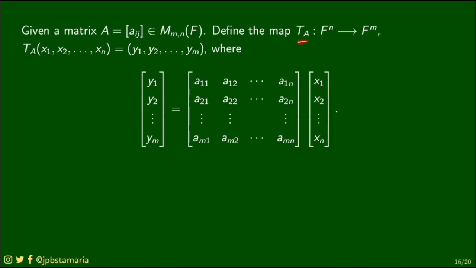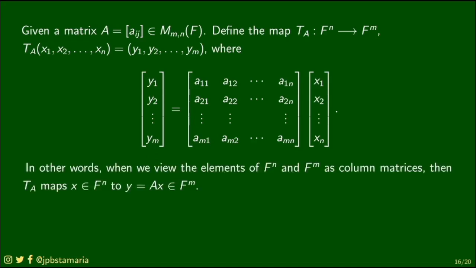We will define TA as follows. It sends the n-tuple x1 up to xn to the m-tuple y1 up to ym in the following manner. So here is your n-tuple. It gets multiplied on the left by an m by n matrix. What results is an m by 1 matrix, which can be thought of as an element of Fm.